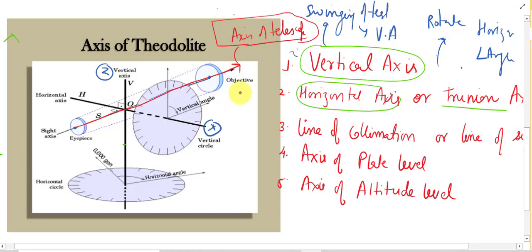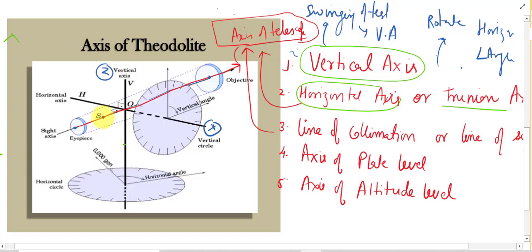By this we are going to define my telescope such that its horizontal axis will be 90 degrees to the axis of telescope, and the line of collimation or line of sight of the telescope will be parallel to the axis of telescope.